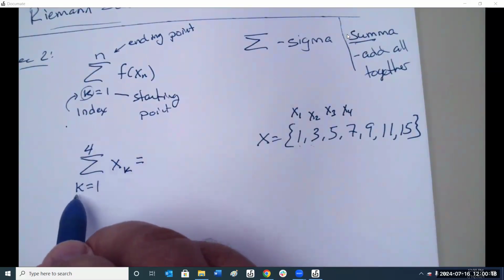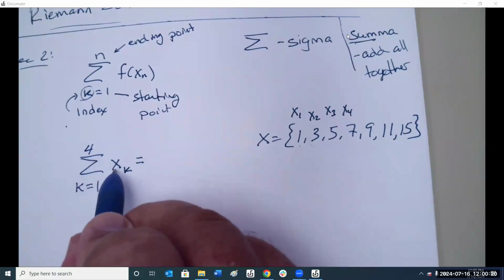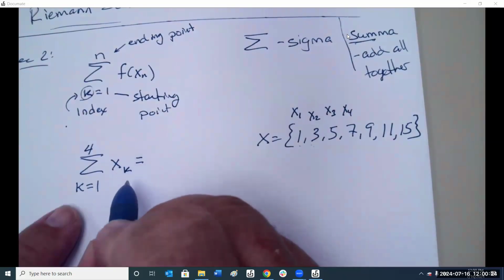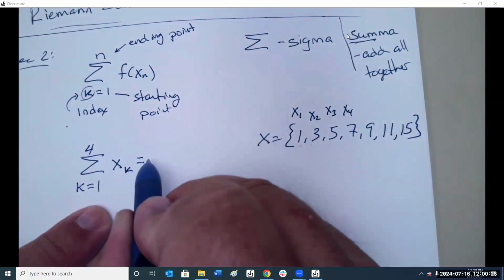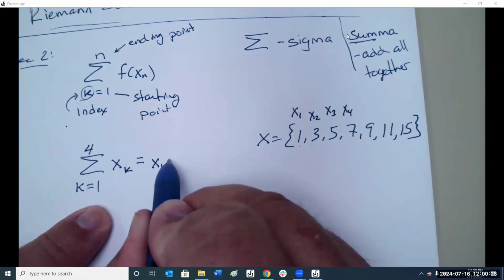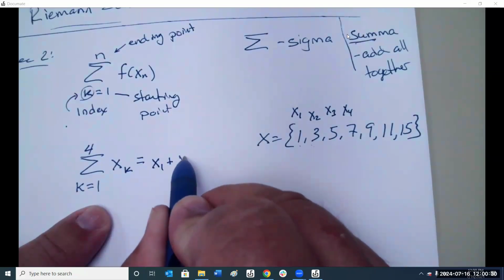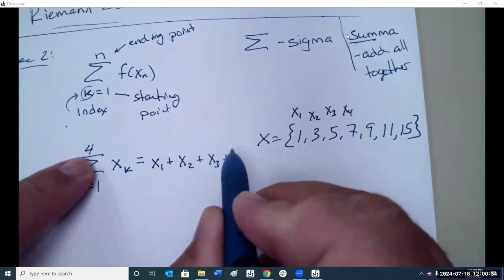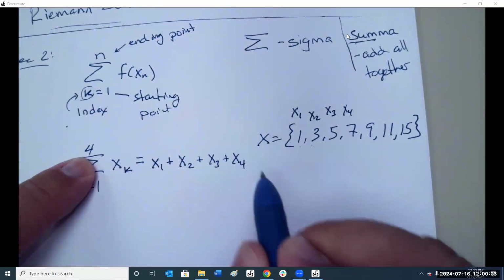So the summation of k equals 1 to 4 of X sub k. What this means, my k starts off at 1, so I go X sub 1. Then I go to the next one, X sub 2, X sub 3. I stop when k gets to 4.